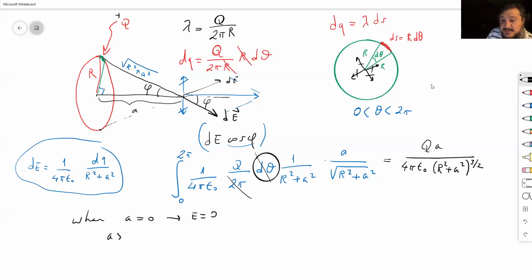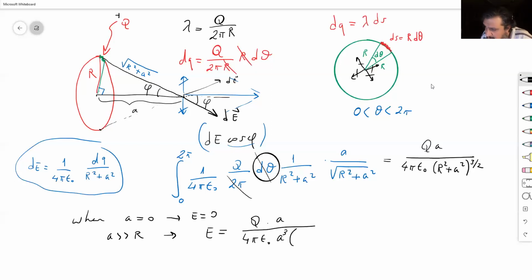When a is much greater than r. What happens then? Okay, let's do the same trick. Let's factor a out of the 3/2 thing there. So qa over 4 pi epsilon 0. Now a squared to the power 3/2 gives you a cubed, right?